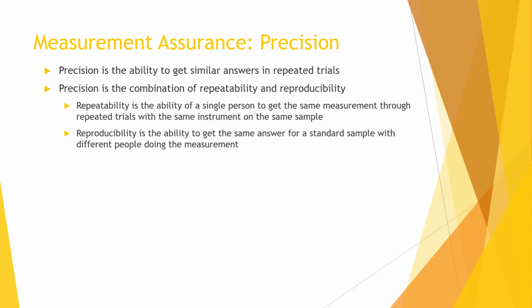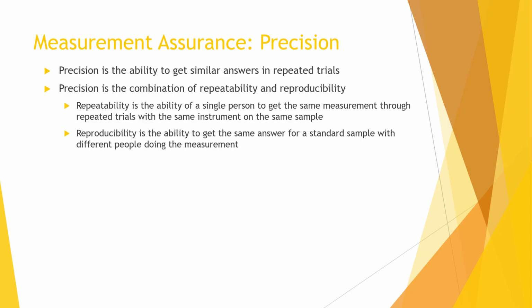Reproducibility, on the other hand, is the ability to get the same answer for a standard sample with different people doing the measurement. So different baristas making that same exact standard grande hot latte, getting the same numbers among many, many different baristas over Monday, Tuesday, Wednesday, Thursday, month after month.